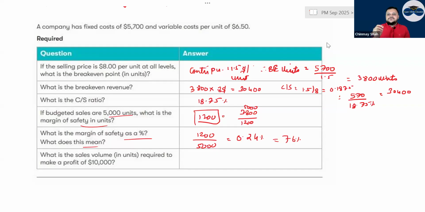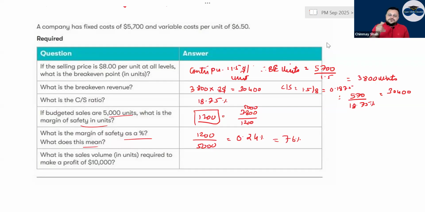If I ask the margin of safety at profit 10,000, that means the MOS sales. But when I say only sales volume, it means total sales. Will you add something in this 10,000 and find it, or divide by something? And they've asked in units.